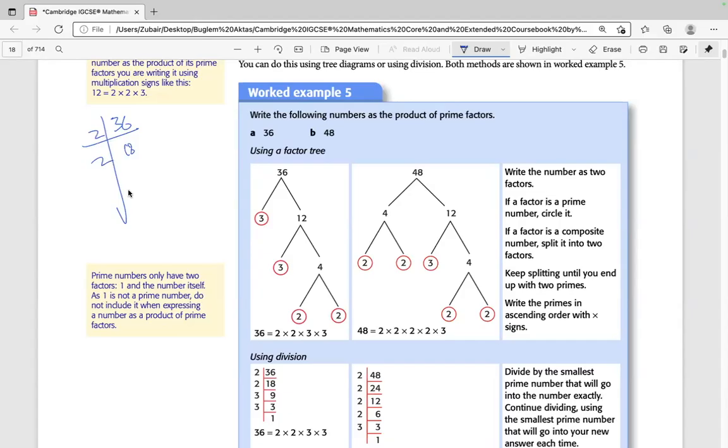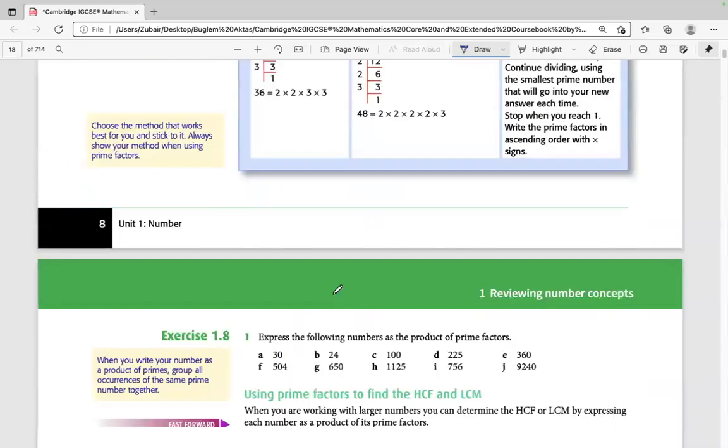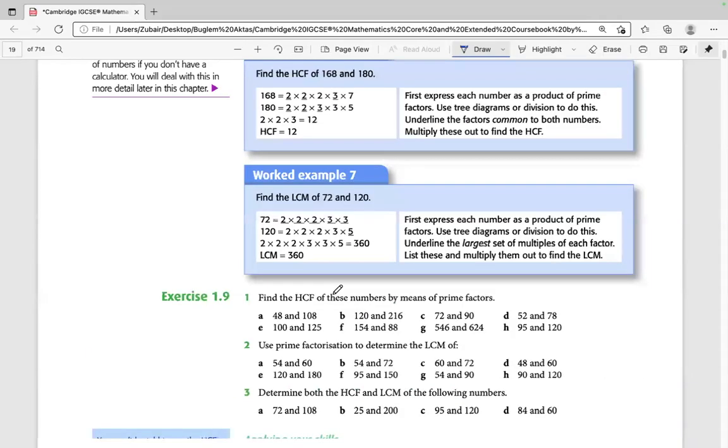So we know it is a product of 2 times 2 times 3 times 3. And we can write it as 2 into 2 into 3 into 3. And we do get the same answer. So these are just different methods of displaying, known as prime factorization. HCF, for example, prime factorization, LCM.